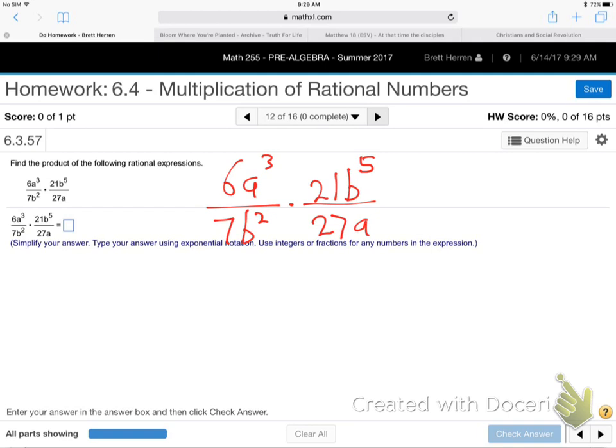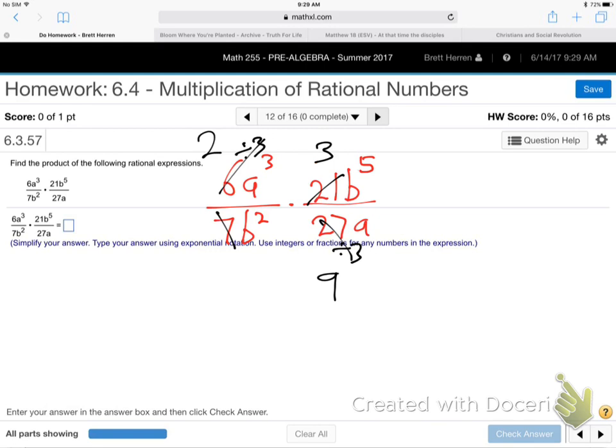For example, how about 6 and 27? 6 doesn't go into 27, but 3 goes into both. So divide by 3, that leaves 2 and 9. And 7 goes into 21 3 times.